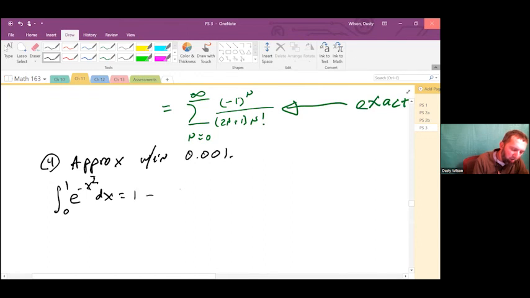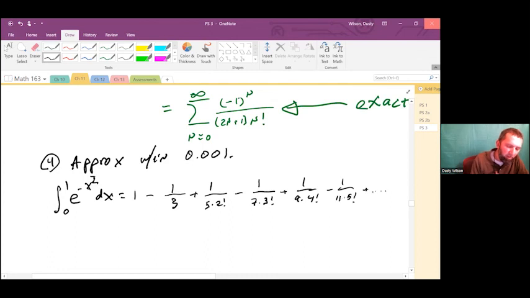And then minus, so n is 1 for the next term: 2 times 1 plus 1, or 3 times 1 factorial, or 1/3, plus 1 over 5 times 2 factorial, and then minus 1 over 7 times 3 factorial, plus 1 over 9 times 4 factorial, minus 1 over 11 times 5 factorial, plus et cetera, et cetera.